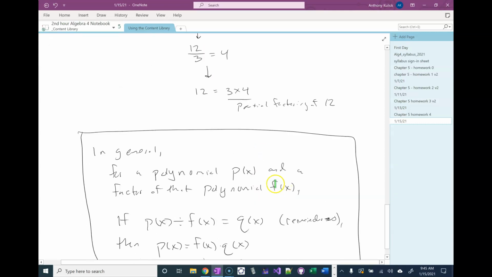How am I going to find that factor f of x? We're not going to deal with that today, but that's something that's going to take up a lot of time in the coming lectures, is figuring out tricks that we can use that make that not so much of a guess.